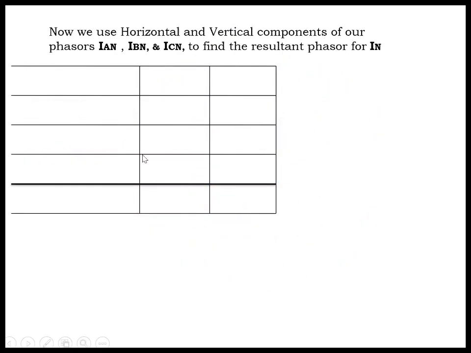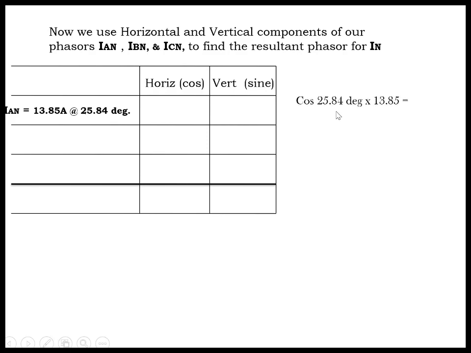To calculate our neutral current, we'd simply take the horizontal and vertical components of our three phase currents to figure out the horizontal and vertical parts of the current that is the neutral current in the circuit. So I simply take, for phase current A, 13.85 amps at 25.84 degrees, 13.85 times the cosine of 25.84 degrees gives me the horizontal part of that current. 13.85 times the sine of this angle will give me the vertical part of that current.